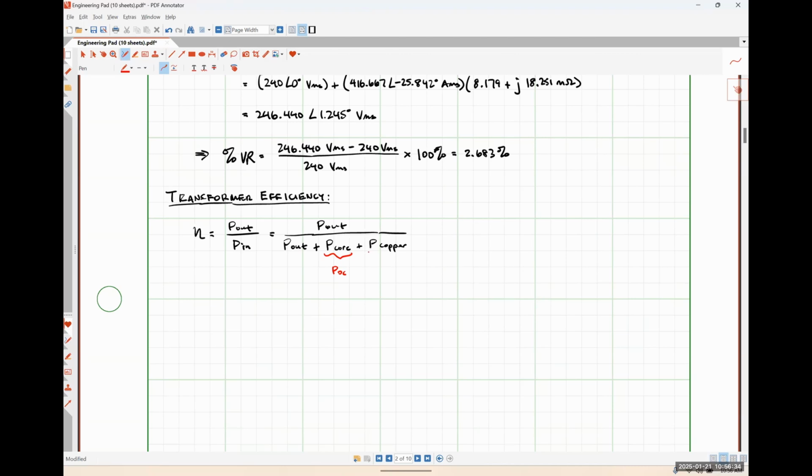Similarly, our copper losses are the losses that we see in the windings of our transformer, which happens to be literally what we were measuring with our watt meter in the short circuit test. So this is PSC. From these two pieces of information, we should be able to figure out the efficiency of the transformer from our previous problem.